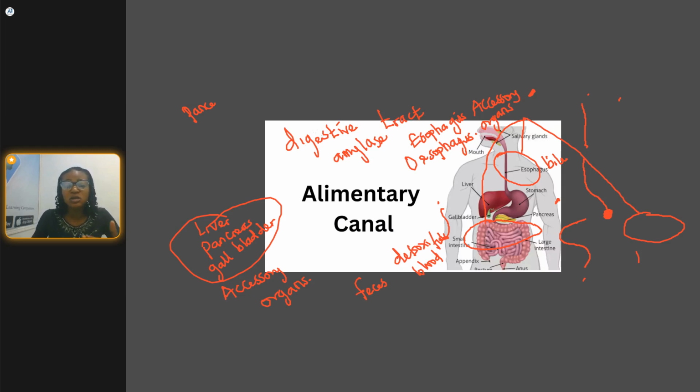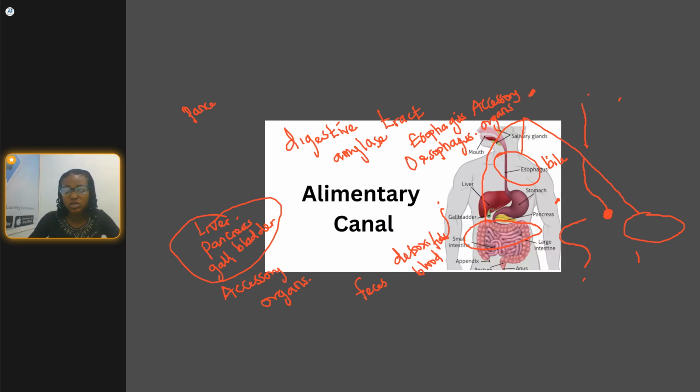It stores glycogen and vitamins. Also, it regulates the blood sugar. Those are the functions of the liver. Okay, and then we have the gallbladder.